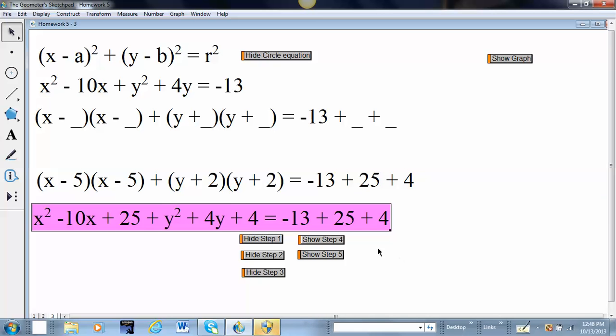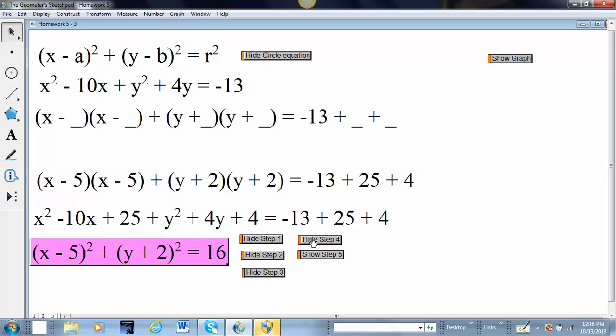Now this is just showing our quantities factored out. I'm going to add everything together over here. And we have x minus 5 quantity squared plus y plus 2 quantity squared equals 16.